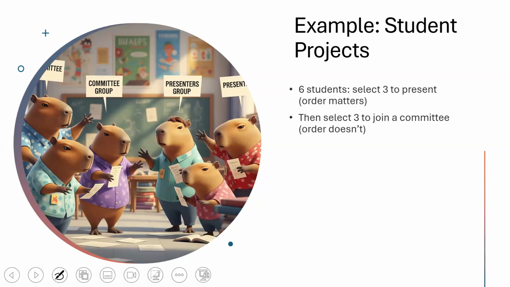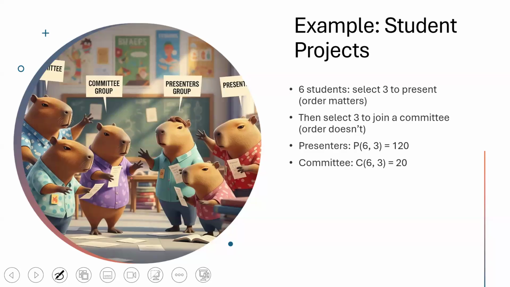Let's walk through a full example. You have 6 students. First, you need to select 3 to present. The order would matter. Then select 3 to join a committee. The order doesn't matter. For the presentation team, we would do 6 and 3 as a permutation, right?